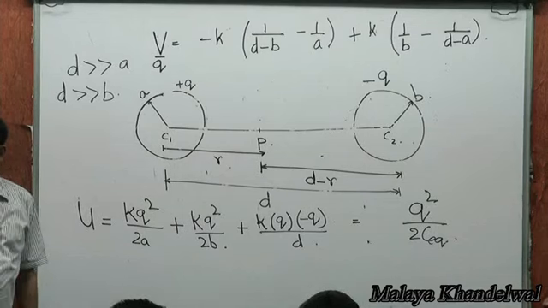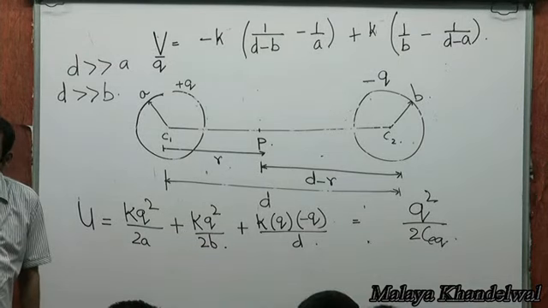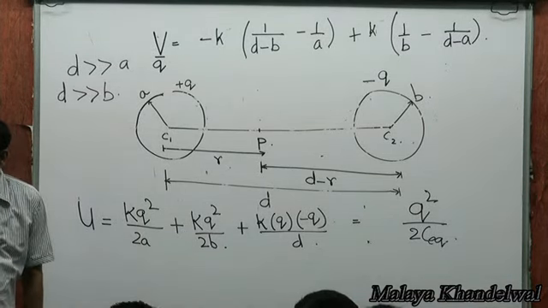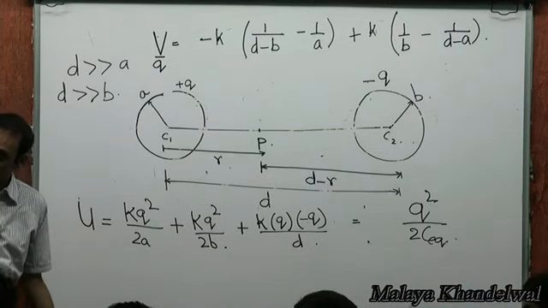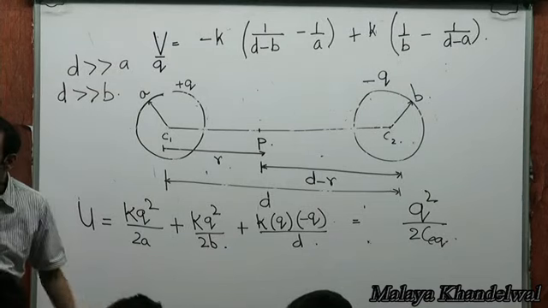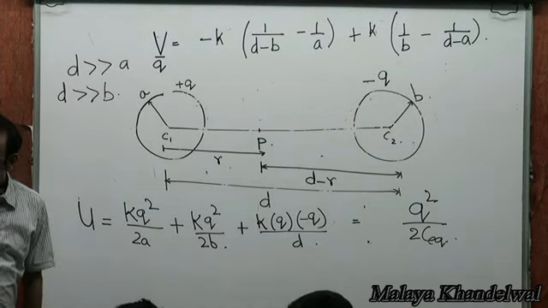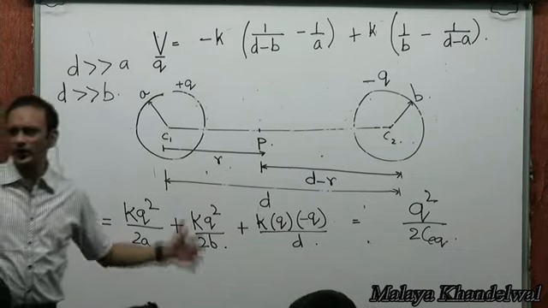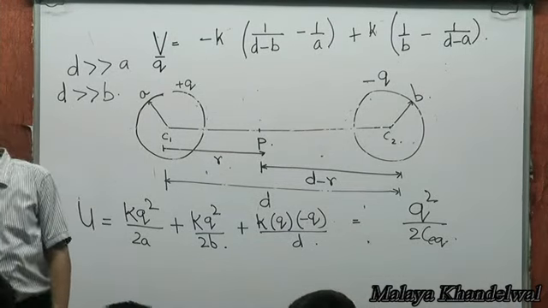Interaction energy? Why? Energy can't be negative. I'm not calculating kinetic energy. This is potential energy. It's K Q1 Q2 divided by the separation, the interaction energy. Tell me one place where I said mod.